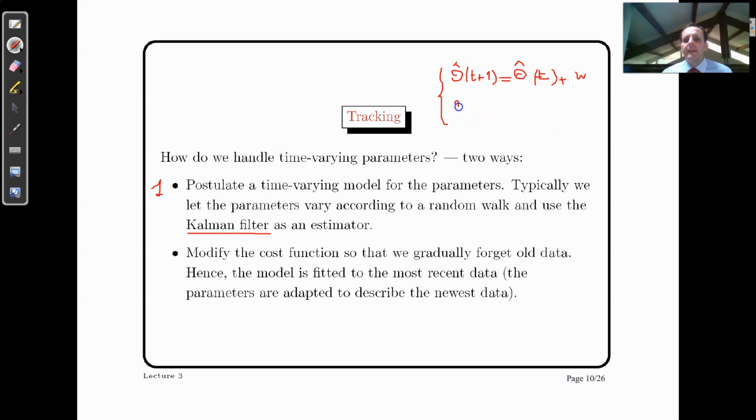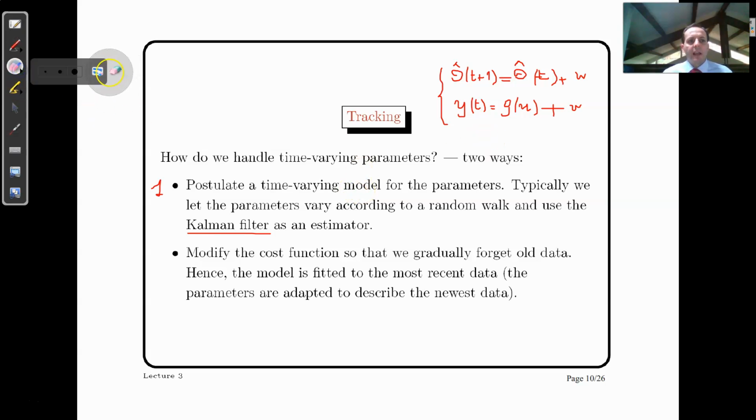Then you have the output of your system, which is a function of your input u plus a noise v. And from this system you design a Kalman filter. This is a first possible approach for estimating time varying parameters.